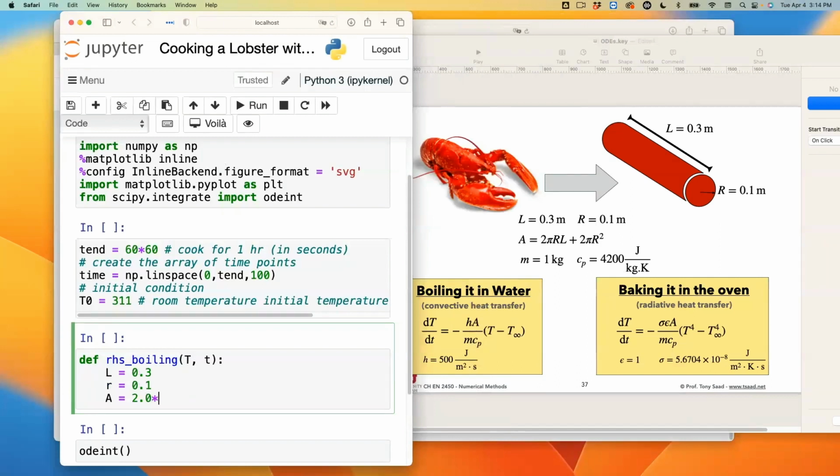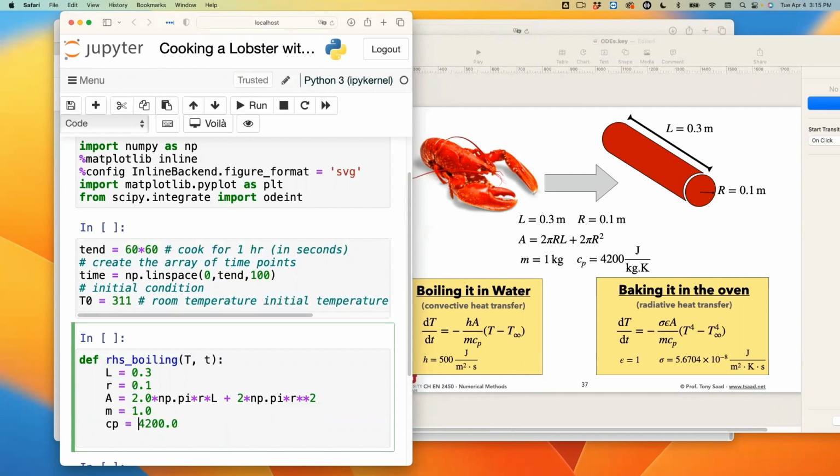A is 2.0 times pi times R times L, the surface area of the cylinder, plus 2 times pi times R squared. Those are the ends, right? And mass is 1 kilogram. And heat capacity for water is 4,200.